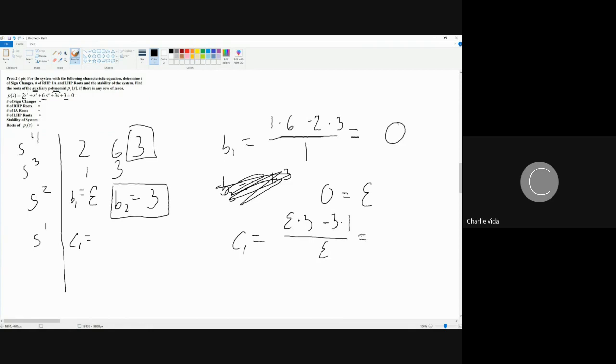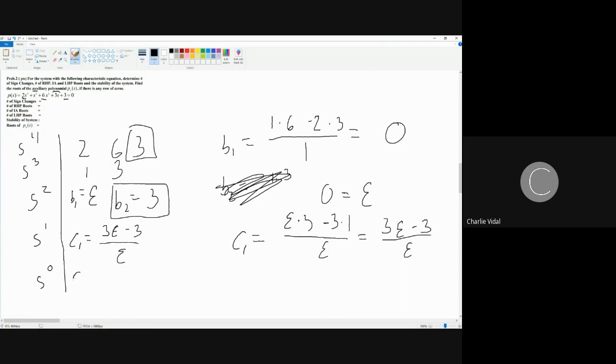So that's going to give you 3e, or 3 epsilon, minus 3 over epsilon. Okay? So let's write that over here. 3 epsilon minus 3 over epsilon. And then we're going to find the last one, S0.